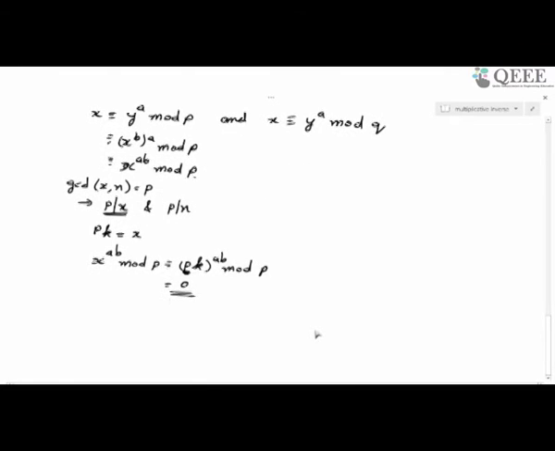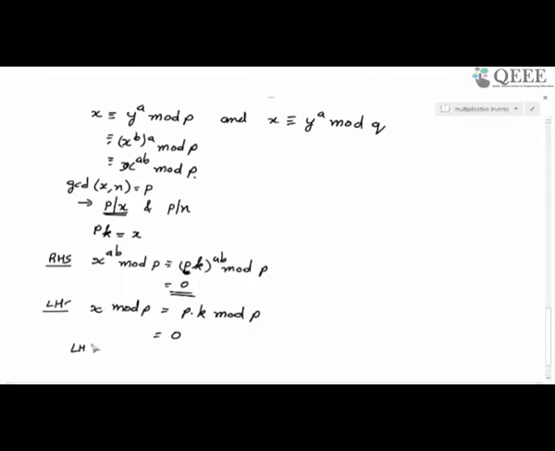Similarly, the right hand side of that equation is 0, and the left hand side, which is just x mod p, is nothing but p into k mod p, and this is equal to 0 as well.